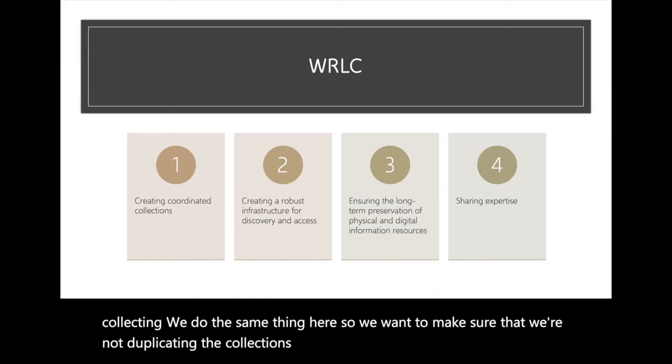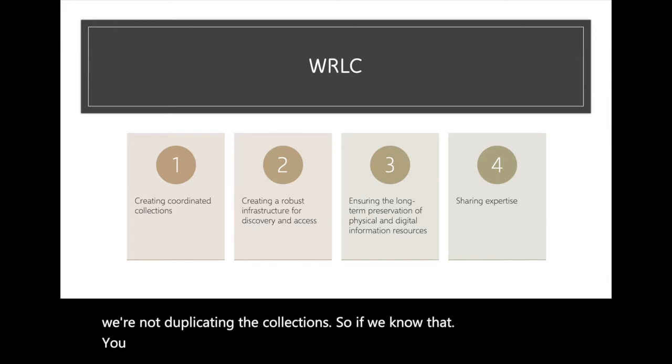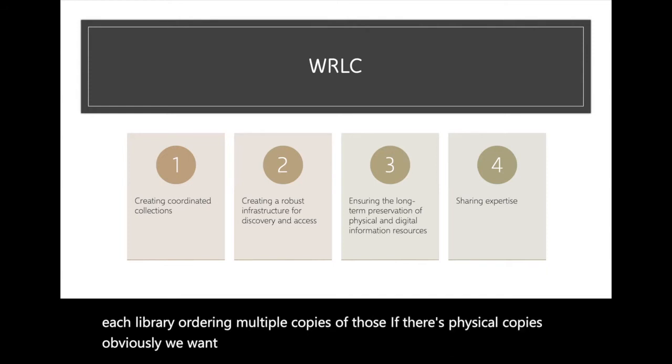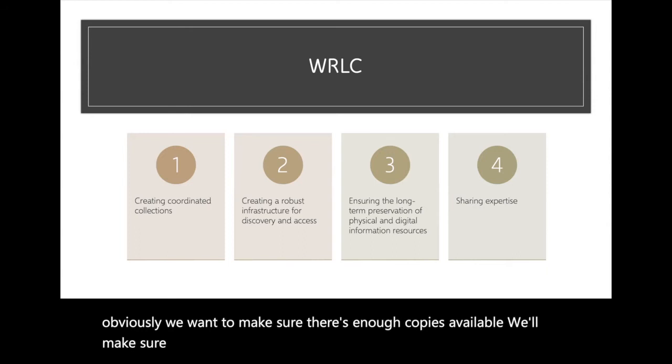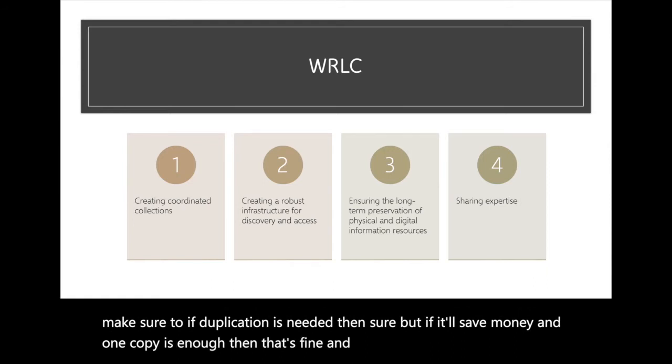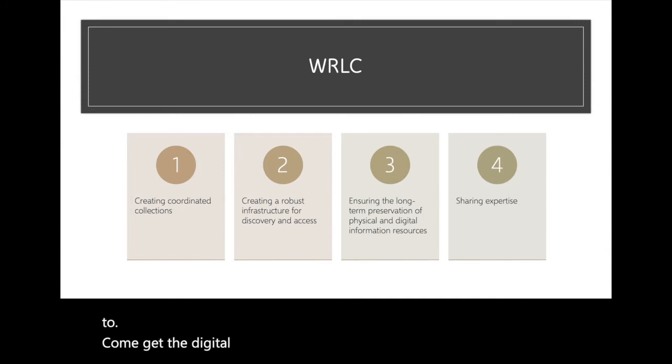So if we know that these are the top 5 books on machine learning or AI, instead of each library ordering multiple copies of those, if there's physical copies, obviously we want to make sure there's enough copies available. If duplication is needed, then sure. But if it'll save money and 1 copy is enough, then that's fine. And also, we'll decide whether or not to get the digital copy where it has unlimited seats.